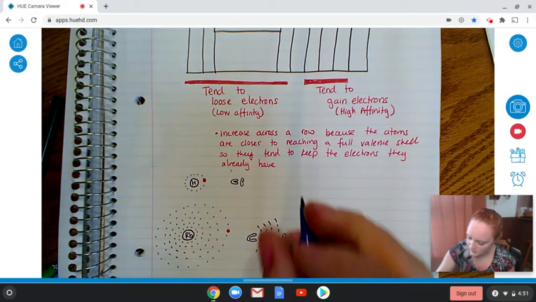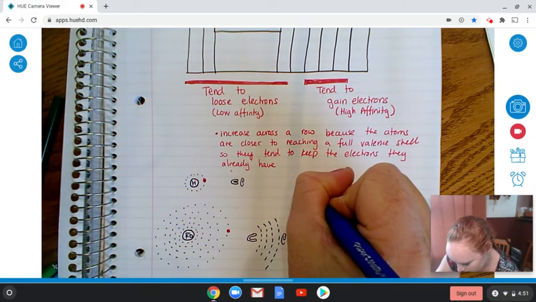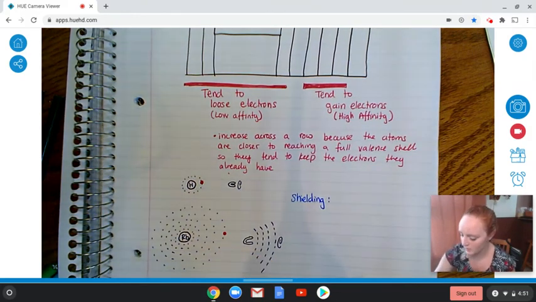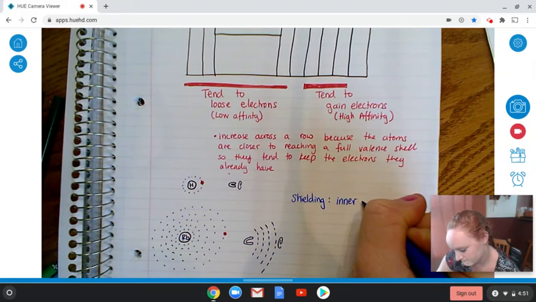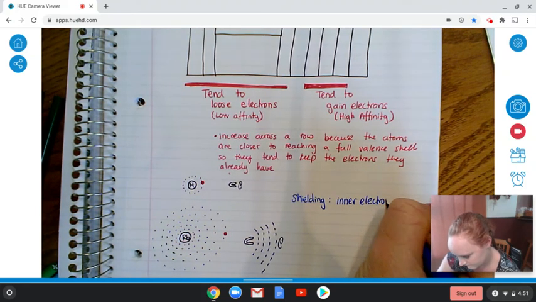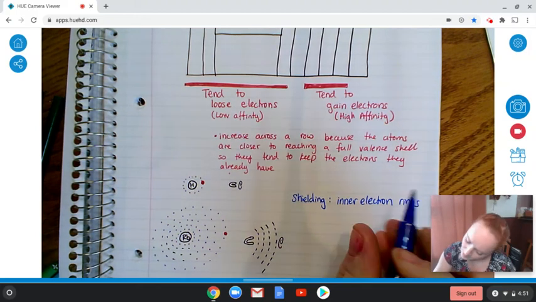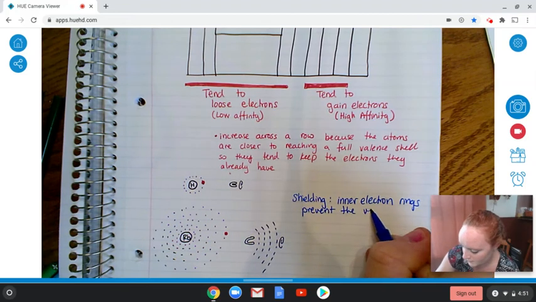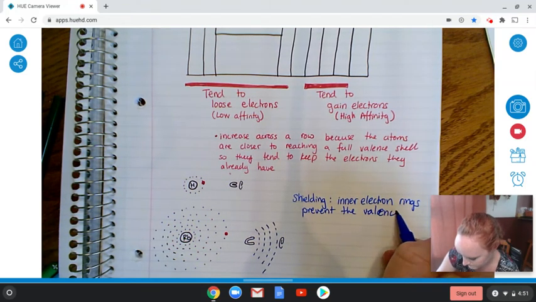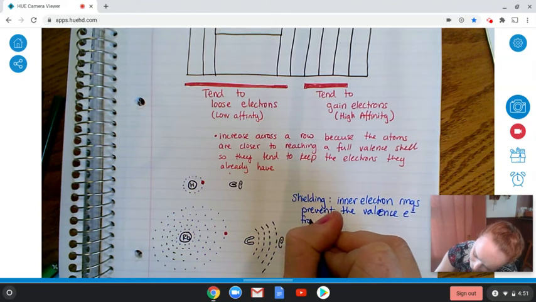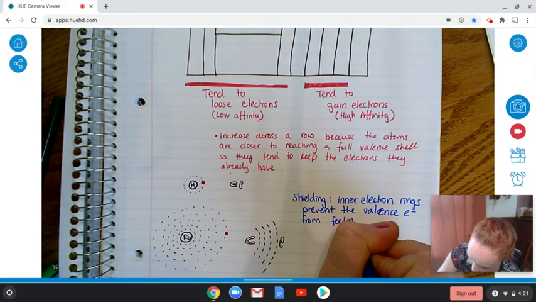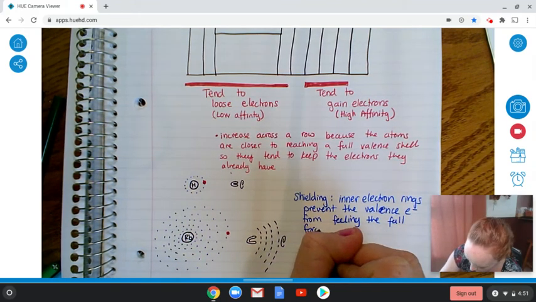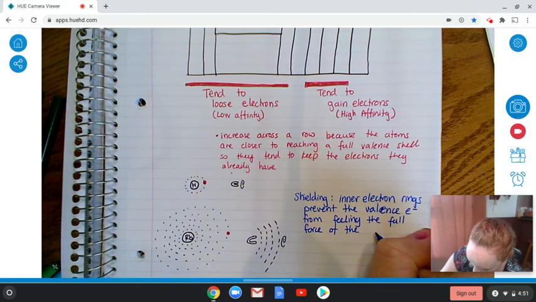This effect is called the shielding effect. And shielding is when inner electron rings protect or prevent the valence electrons from feeling the full force of the nucleus.